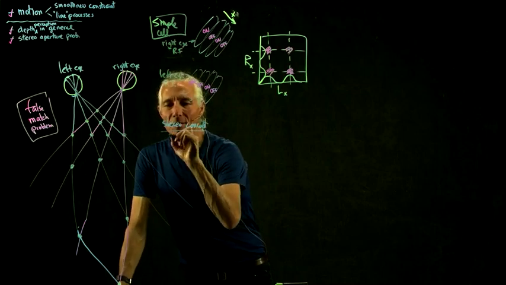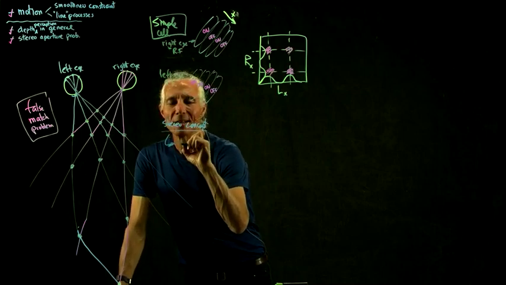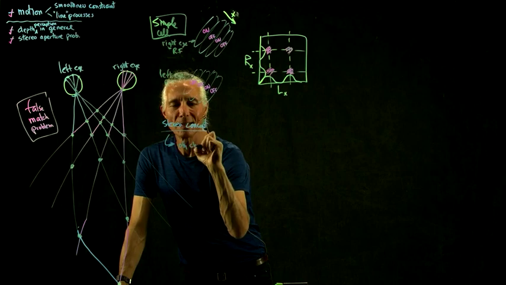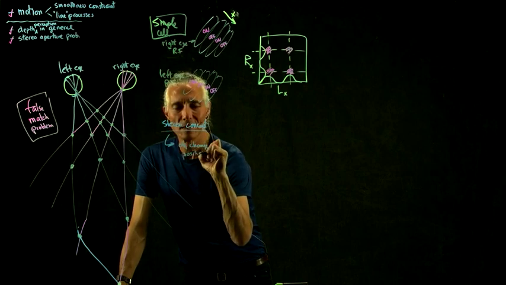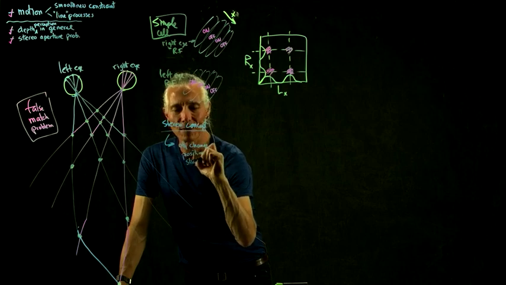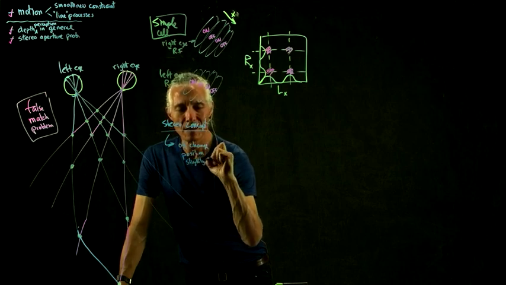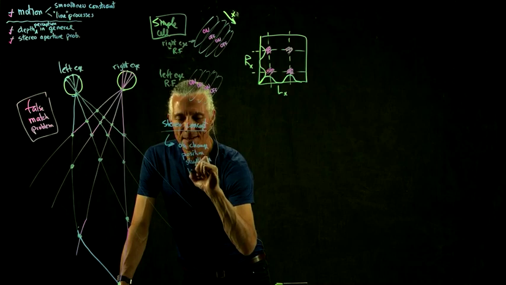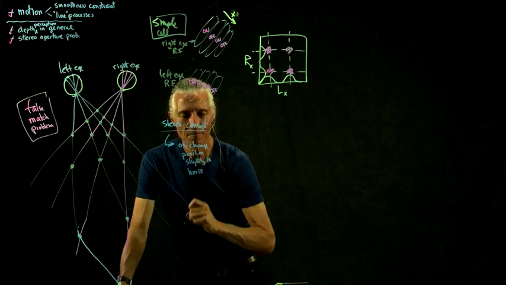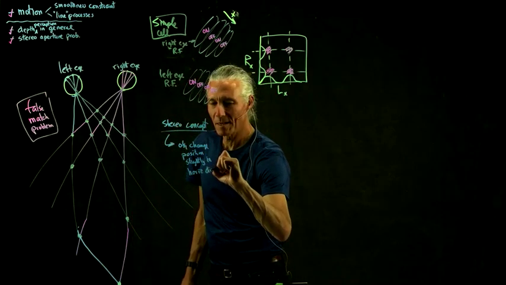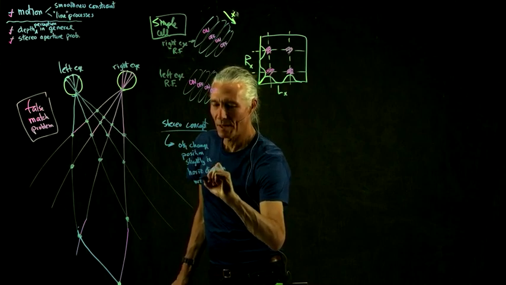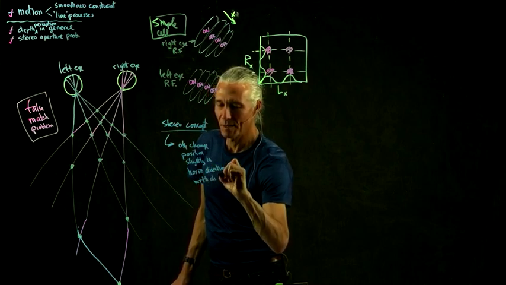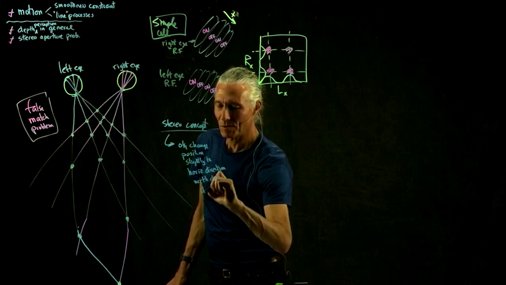The basic stereo is that objects change position slightly in the horizontal direction with different depths. So that's how stereo works.